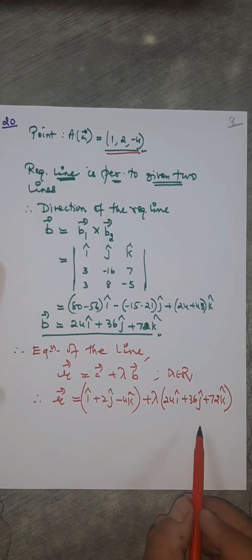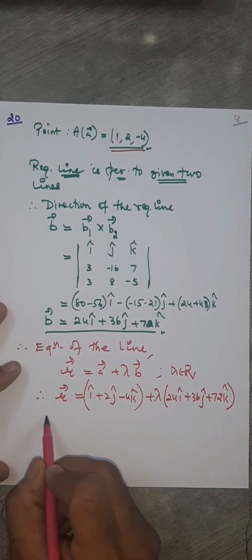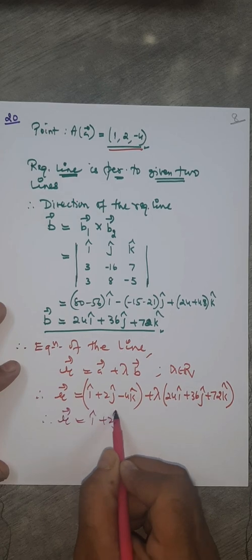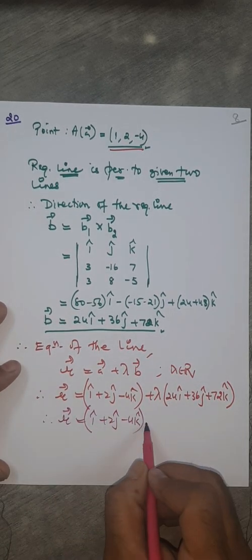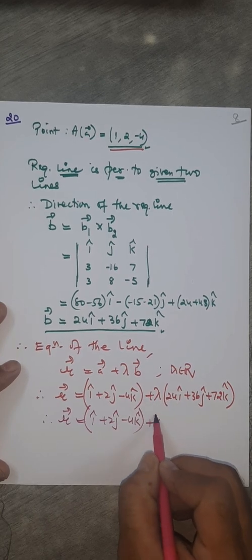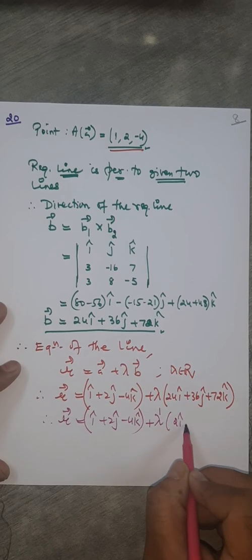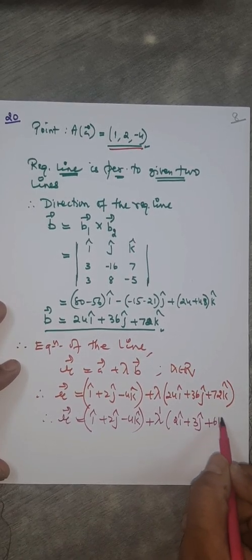You can keep it in this form, but still if you want to take 12 common, you can write it like this finally. Vector r equals i cap plus 2j cap minus 4k cap. That is the fixed point. You take 12 common, so 12 lambda you can call lambda dash, the new scalar. So what will we get inside the bracket? 2i, 3j plus 6k.